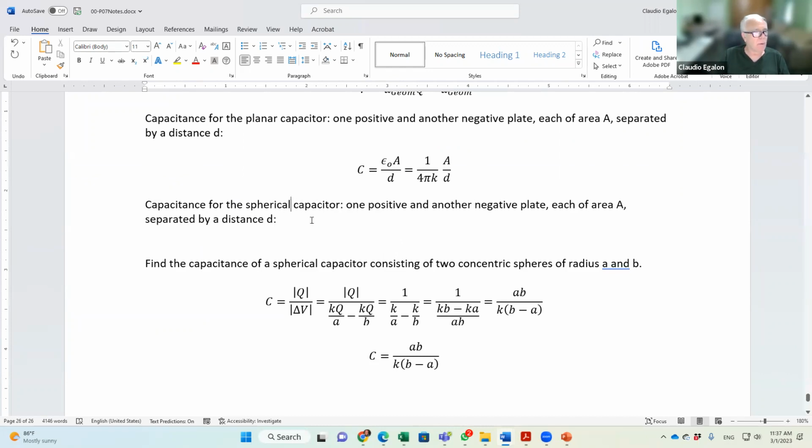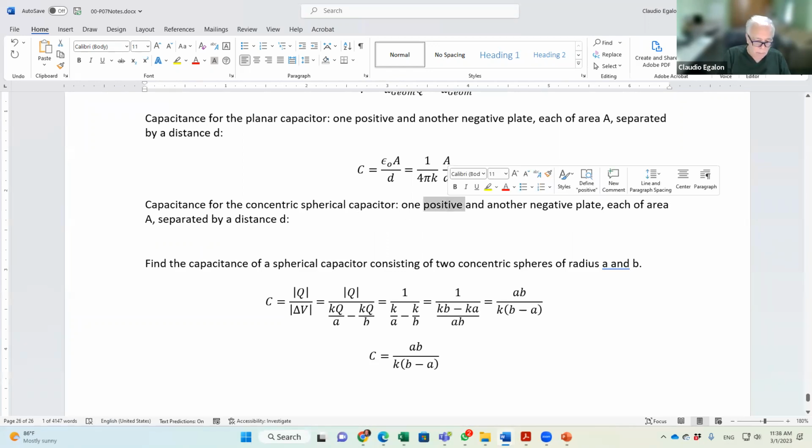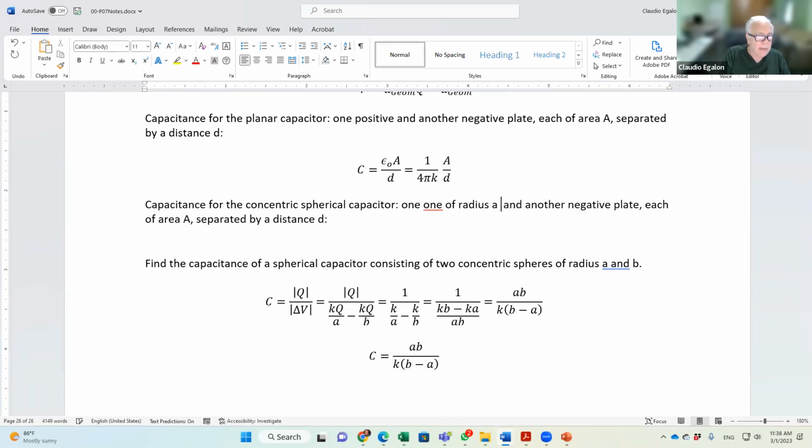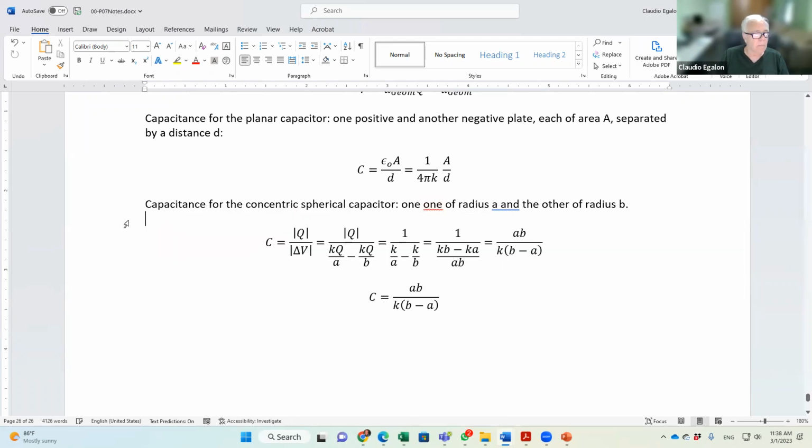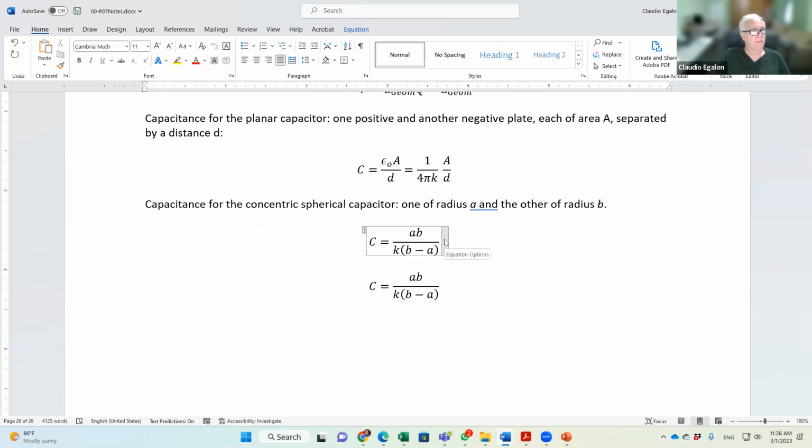Spherical capacitor, of the concentric capacitor, one of radius A and the other of radius B. Okay, it's like that.